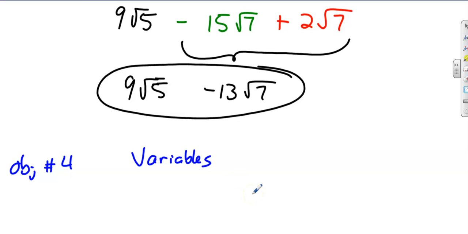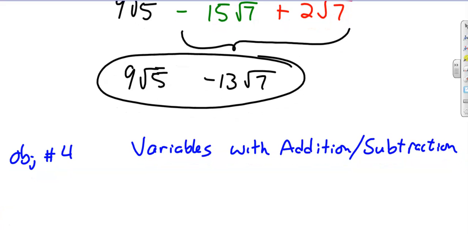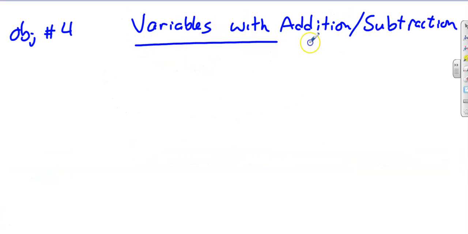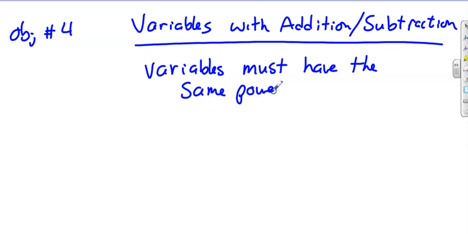And remember when you add and subtract variables, it's kind of like when we were doing the radicands, where you had to have the same radicands.